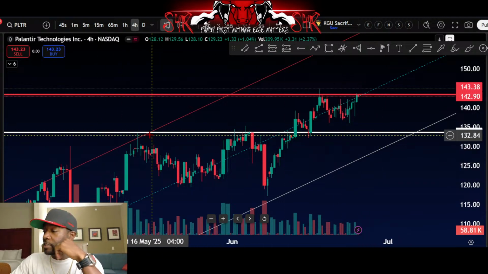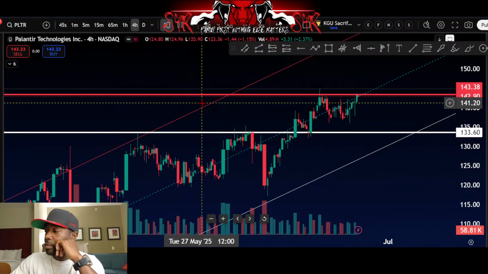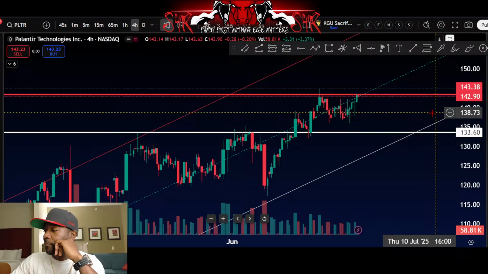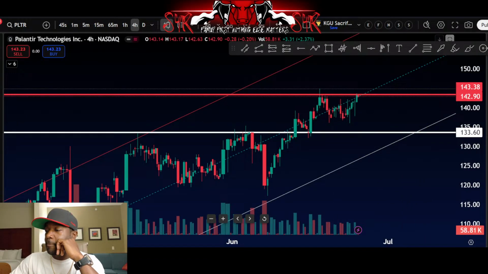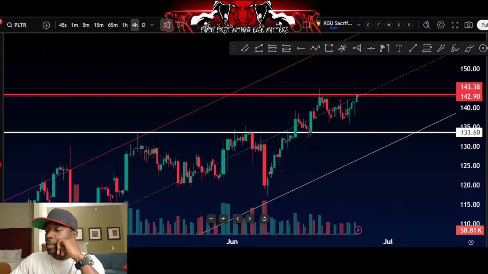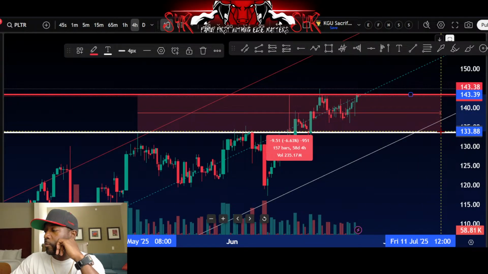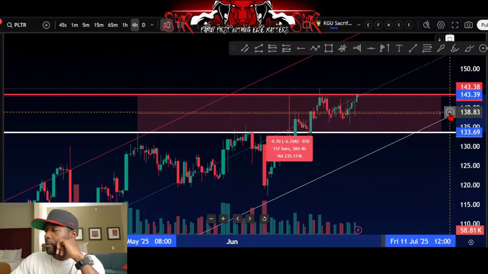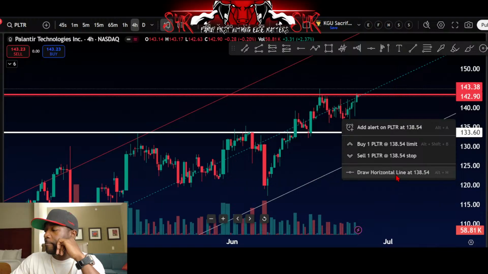So this is going to be my floor, and this is my ceiling, right at 143.38. Then what I like to do is identify where I think price is consolidating.